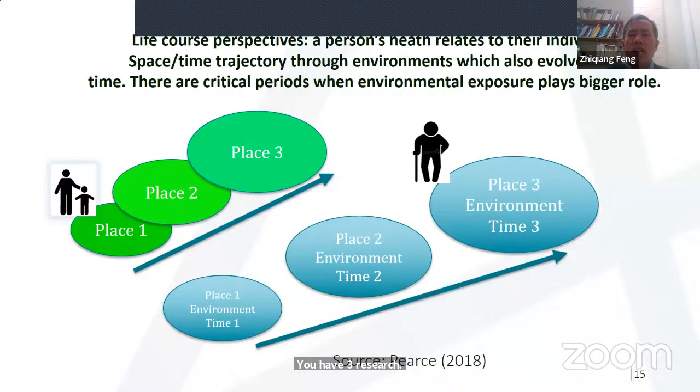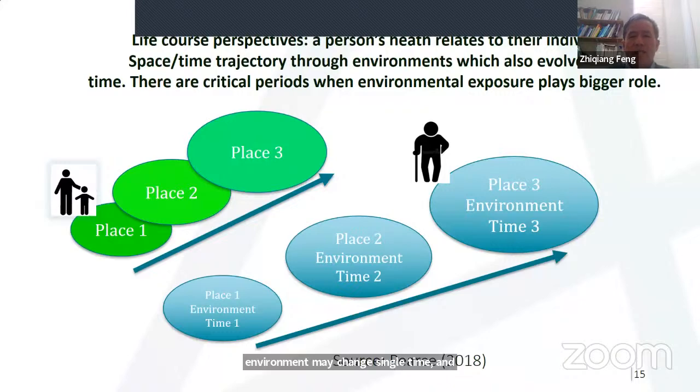We know individuals' health is related to their individual space-time trajectory on a daily basis, but also, if you look at the long term, people may move to different places, and even if you stay in one place, the environment may change through time.